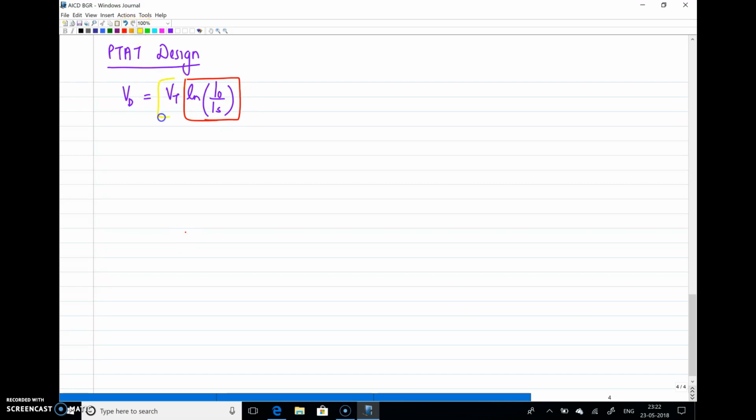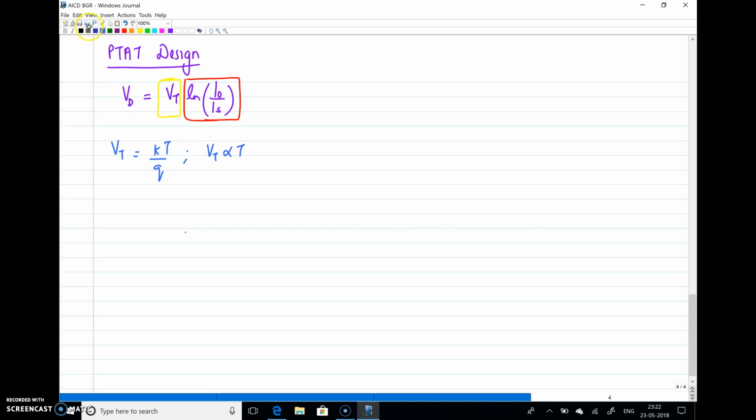But we have seen one term here, which is Vt. I can write Vt is kT/q, or simply Vt is proportional to temperature. So if I can extract this Vt term from the diode voltage, definitely I'll get a behavior which is proportional to absolute temperature.